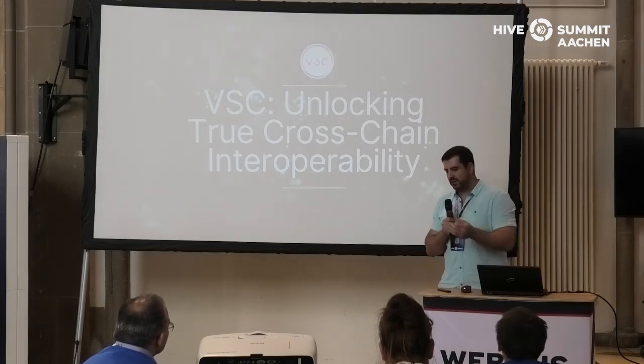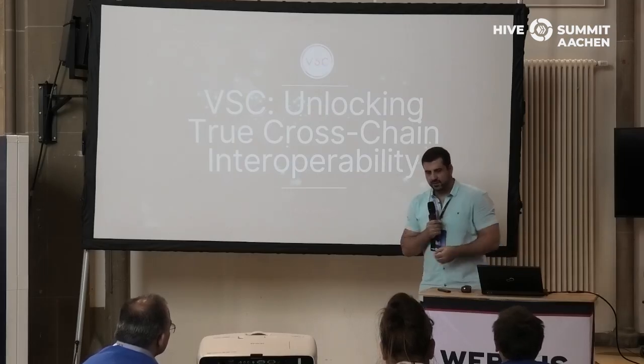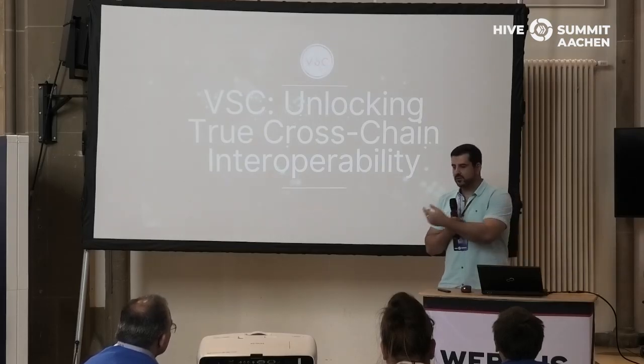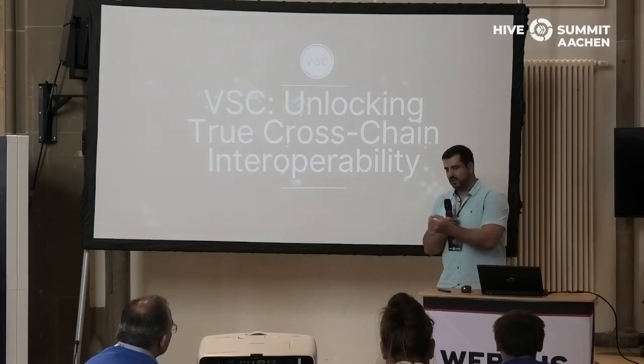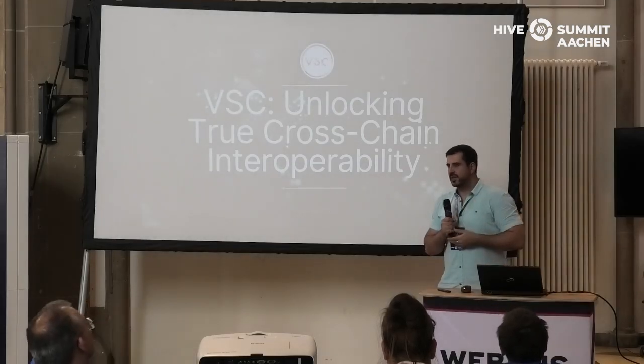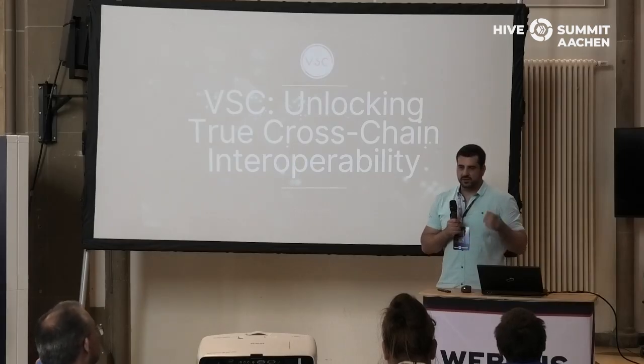Once we connect to Solana, VSC essentially becomes an L2 for each chain that it integrates with. So currently it's an L2 for Hive. It's going to become an L2 for Bitcoin, an L2 for Solana. You will be able to connect your Solana or Phantom wallet to VSC and interact with smart contracts from the application.